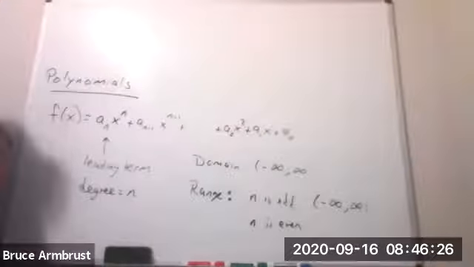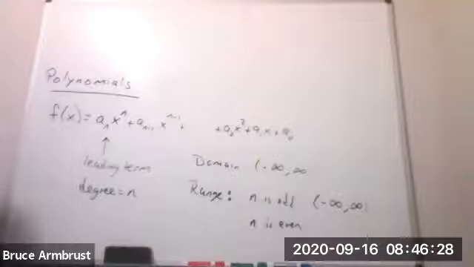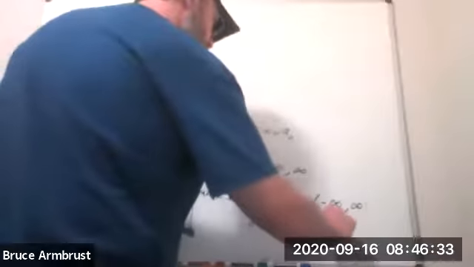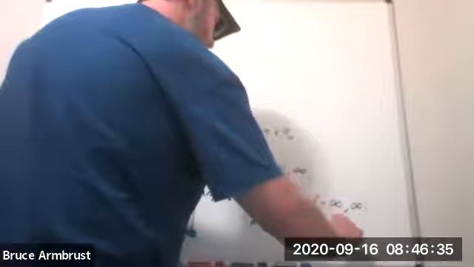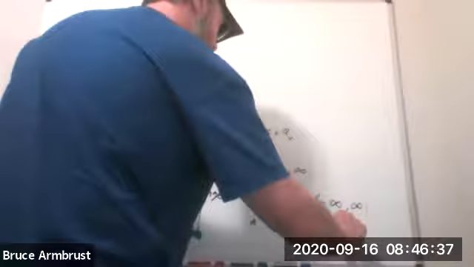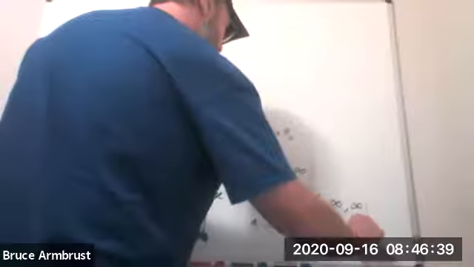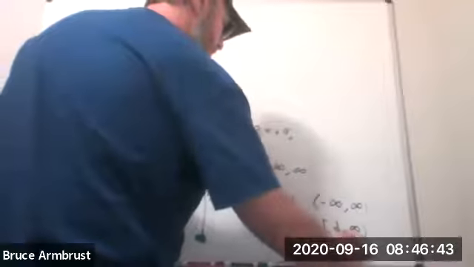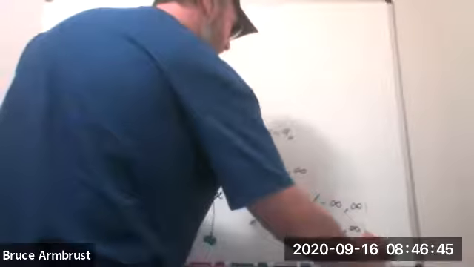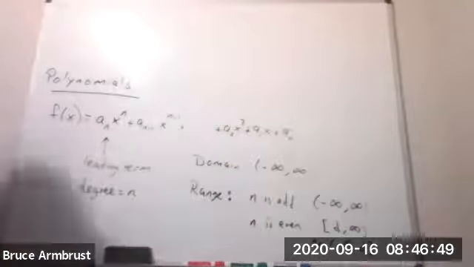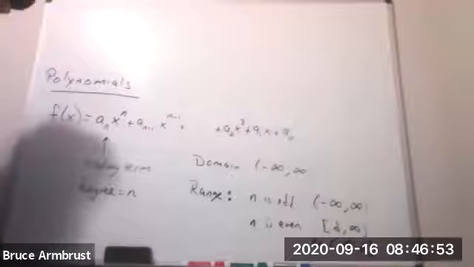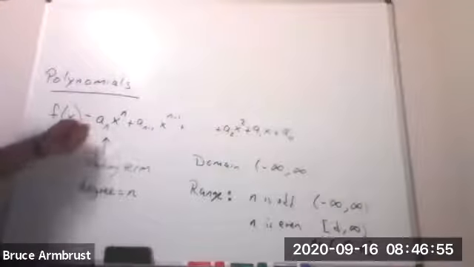If it's an even degree, you're going to get one of two things. You're going to get either an interval that goes, let's say, d to infinity, or from minus infinity to d. Which one of those you get depends on the leading coefficient.